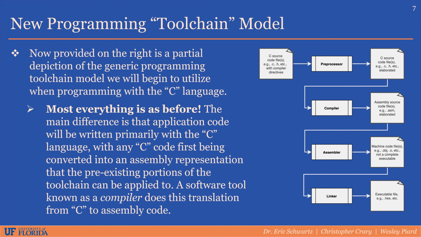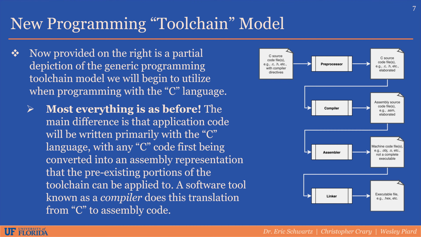So we're going to have application code written in C, and then eventually that C code is going to get compiled, we're going to say, or translated into a representative assembly code, and then that assembly code, just as before, is going to get manipulated by the pre-existing tools that we discussed previously. So this is the first main idea I want to mention, and let's talk about a couple other things in the next couple slides.